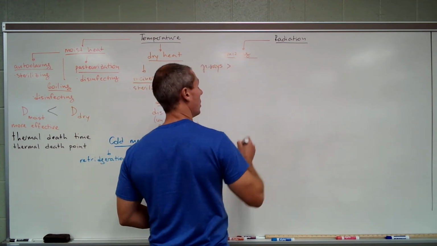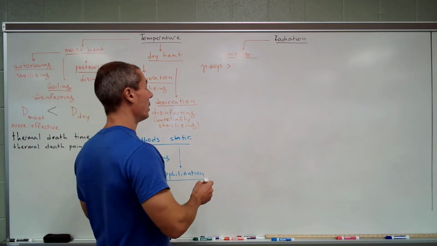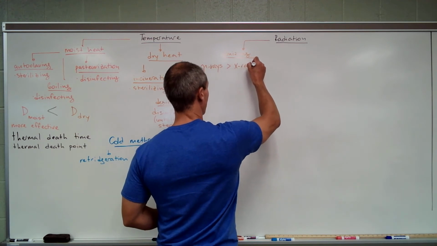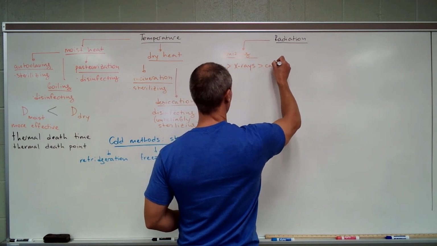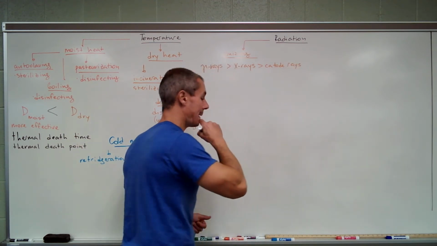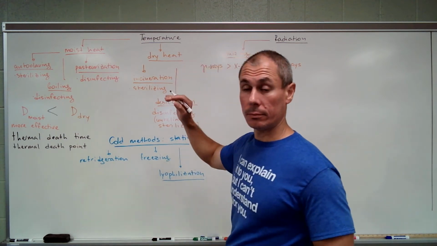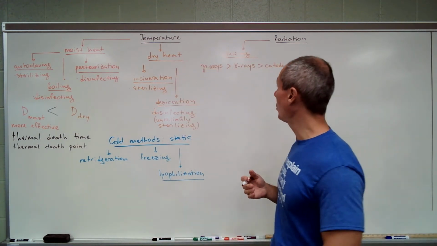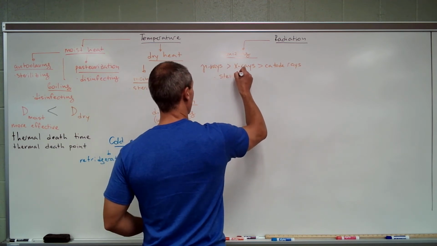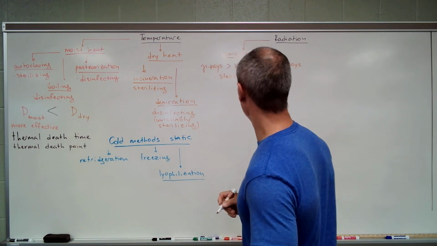Gamma rays, more energetic and more penetrating than X-rays, and X-rays are better than cathode rays. Okay. Now, what level of control can you achieve using ionizing radiation? Sterilization. It is a sterilizing method.